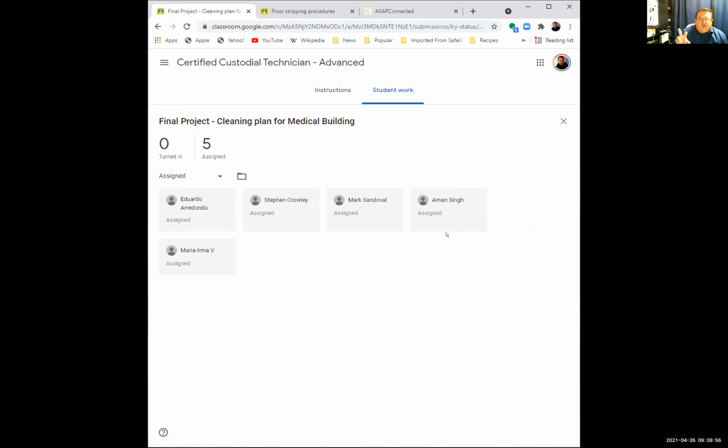Stephen, if you don't know, was an optometrist, correct, Stephen? Yes. So Stephen has the experience of dealing with a medical office building as far as knowing how it is set up. You haven't cleaned it yet, but he knows the setup of an office, and he can bring some of those ideas from their eye doctor.